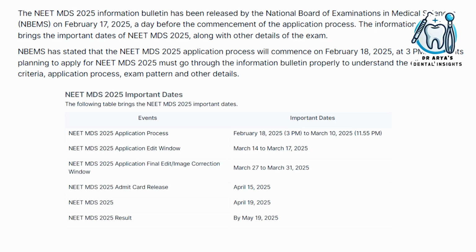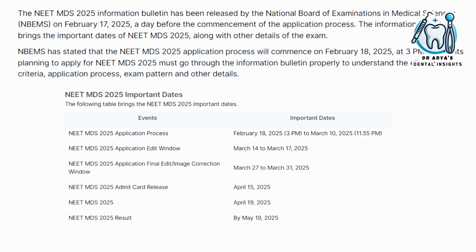So these are the important dates for NEET MDS 2025 aspirants. First, the application process runs from February 18 to March 10. Then the application edit window is March 14 to March 17.